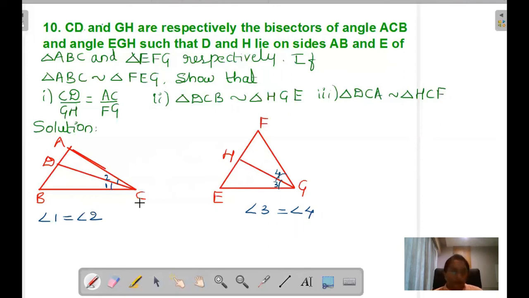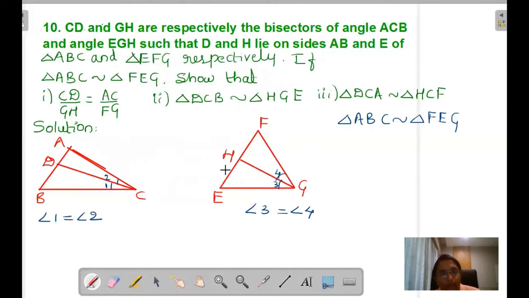Okay, this is given. Next, what we have to prove? One more is given: triangle ABC is similar to triangle FEG. It is also given, one important thing. So here in this problem, first one, CD by GH, AC by FG.